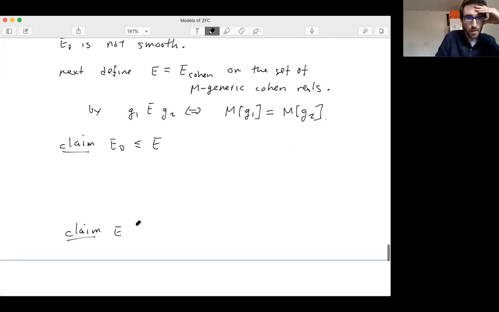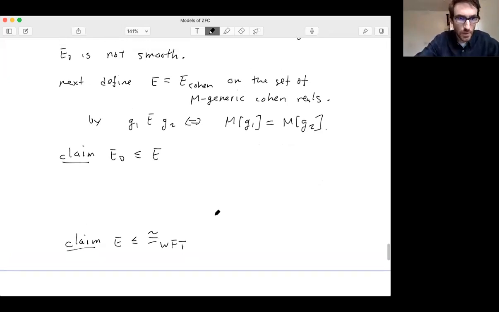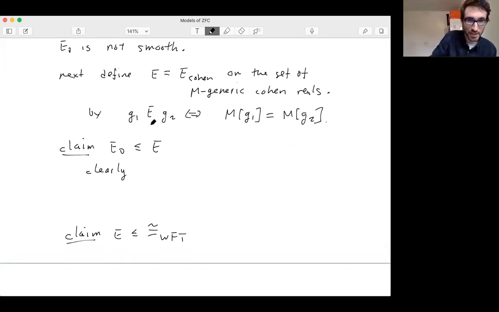E Cohen is reducible to isomorphism. Okay, so E0 is reducible to E Cohen. Clearly if two generics are almost equal, then they're going to give rise to the same forcing extension.